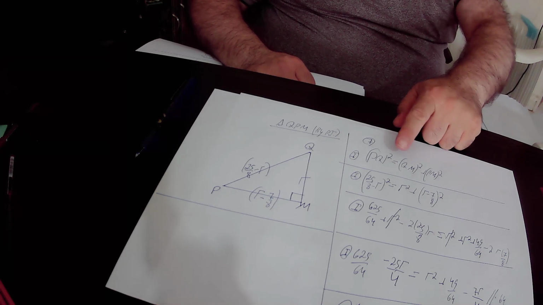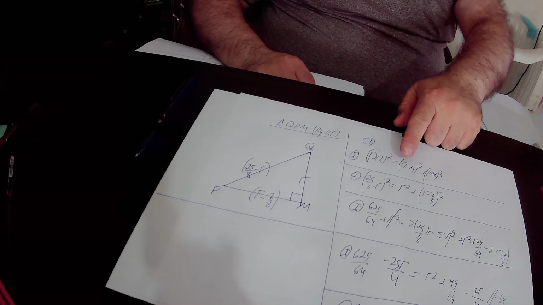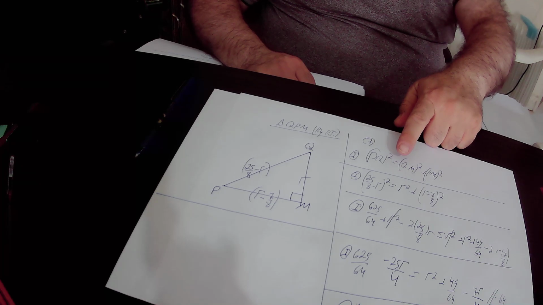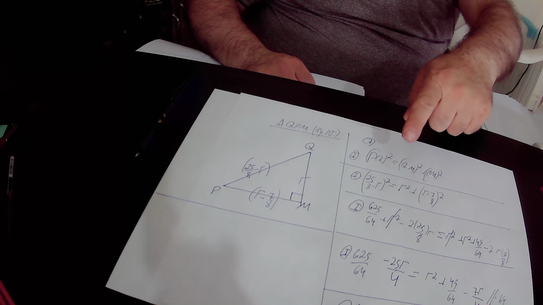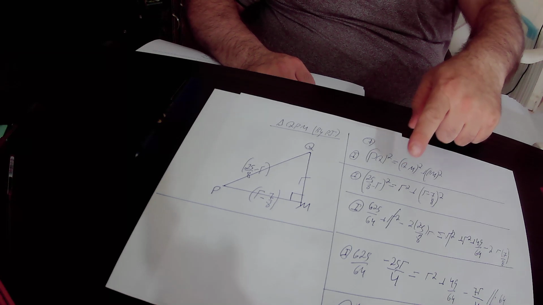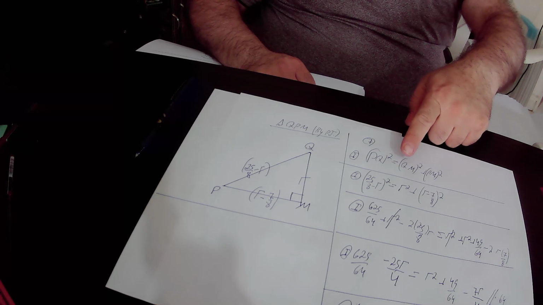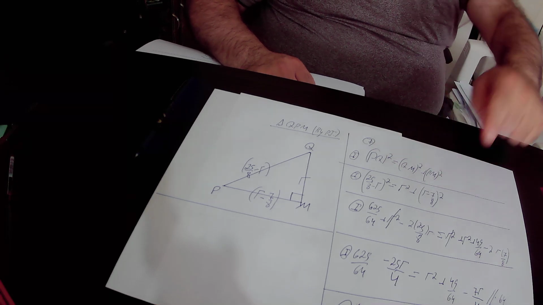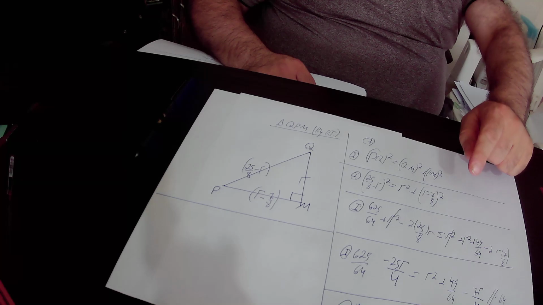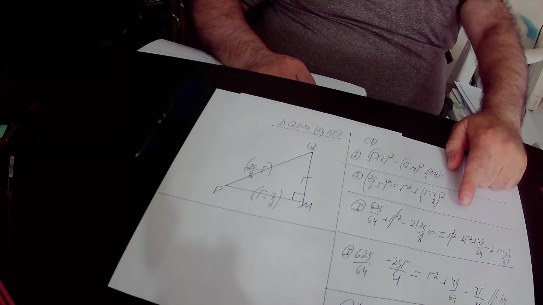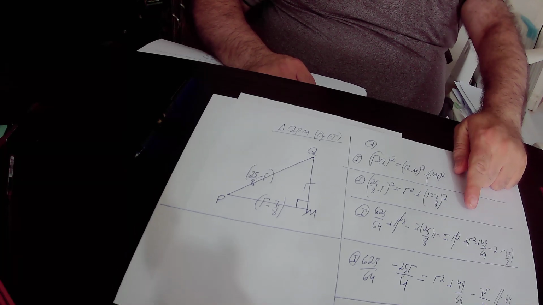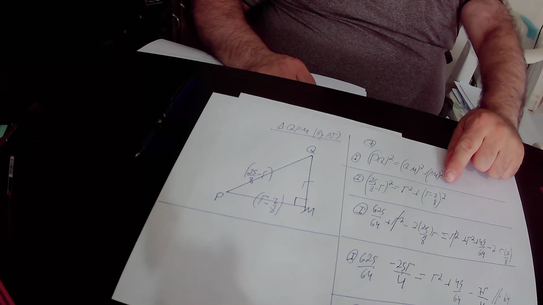Here we open the brackets on both sides of the equation. (25/8 minus r) square is equal to (25/8) square, that is 25 square is 625, 8 square is 64, plus r square, minus 2 times 25/8 times r. And on the other side of the equation we have r square plus (r minus 7/8) square.